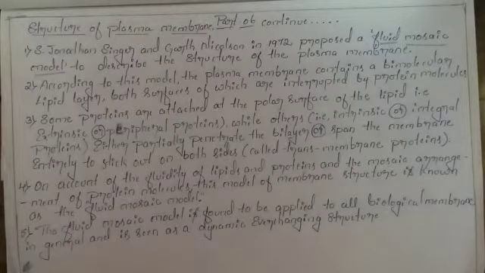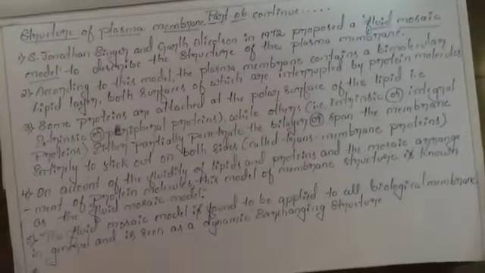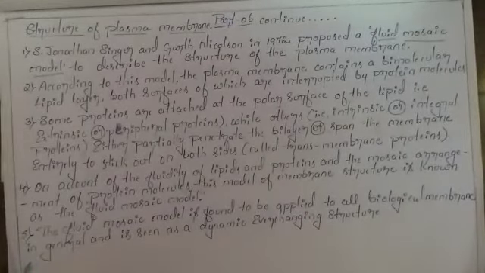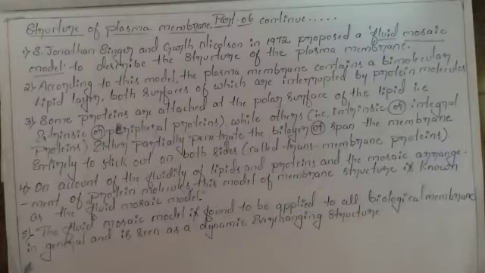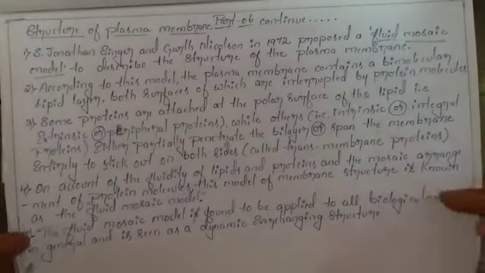So it is seen as a dynamic, ever changing structure. Dynamic, it is doing all the functions, that's why we call it dynamic and ever changing. It is common and applicable for the cells of all living organisms.